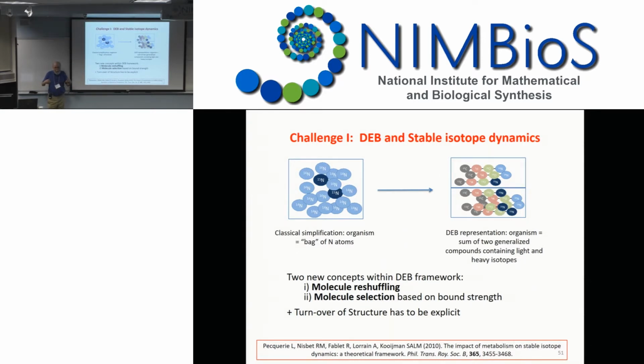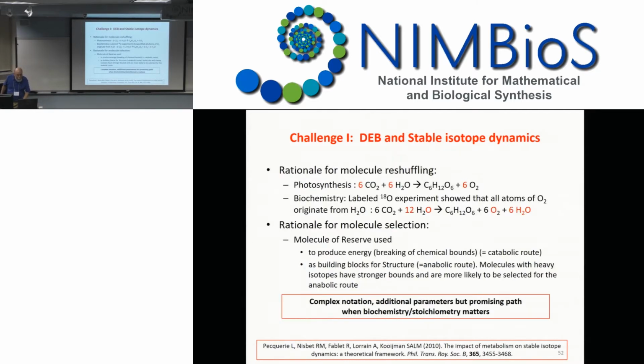In other words, it's recognizing that there is more going on than just random sampling from this bag of atoms up here. And when we were having our conversation, she pointed to a very nice example that showed you had to think quite carefully about the reshuffling.